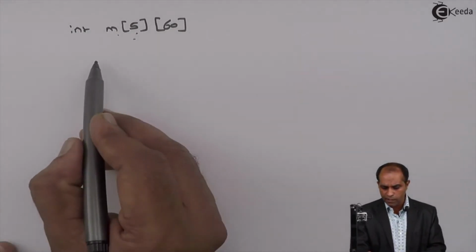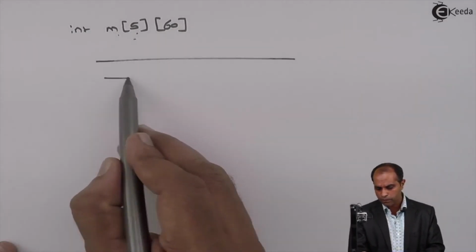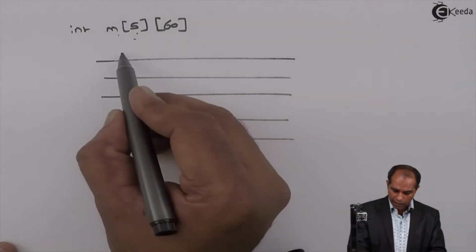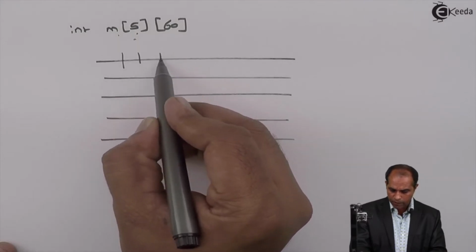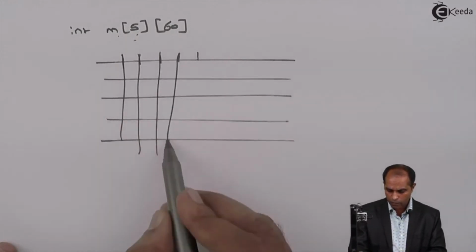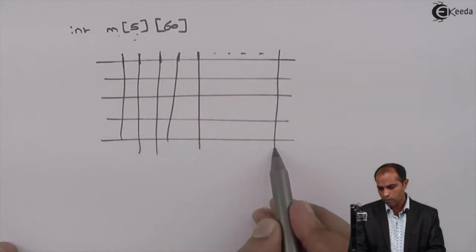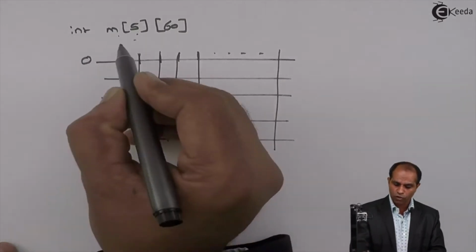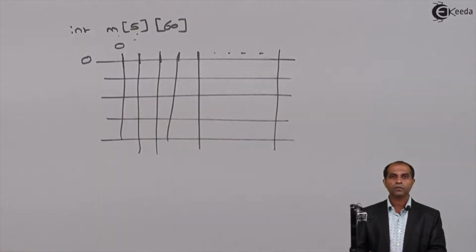I can visualize this as a set of 5 rows, and in each row I have 60 columns, extended for all these 5 rows, where the first row is indicated as 0 and the first column is also indicated as 0.